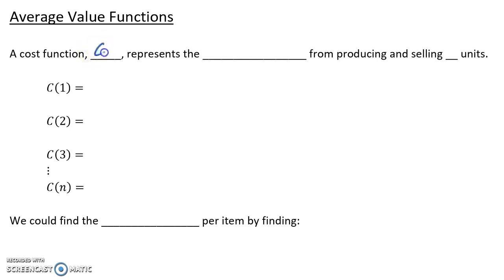So if we recall that C of x represents our cost function and tells us the total cost for producing and selling x units, we can talk a little bit about what we mean specifically by evaluating that function at different points. So if we evaluated our cost function at 1, that would give us the cost to produce one item.